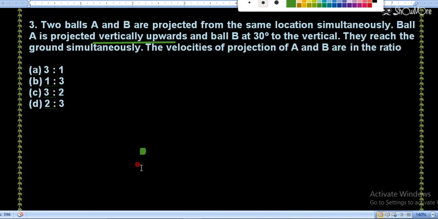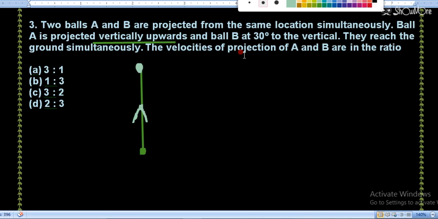So this will be the direction. The ball will go upward, then it will come back after some time. This is the maximum height that the ball can attain.